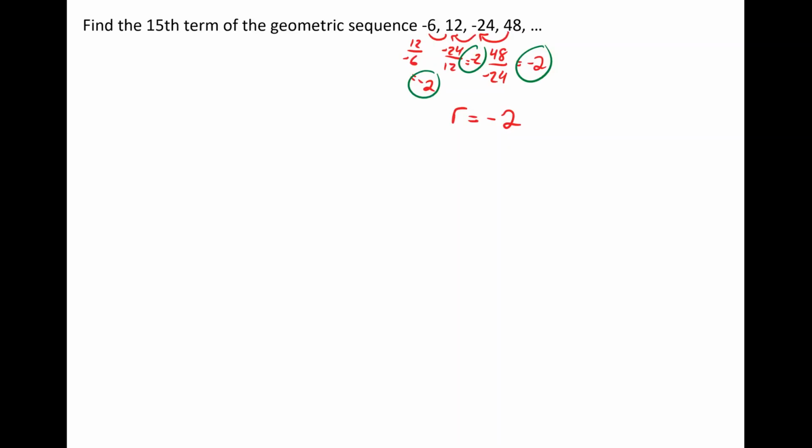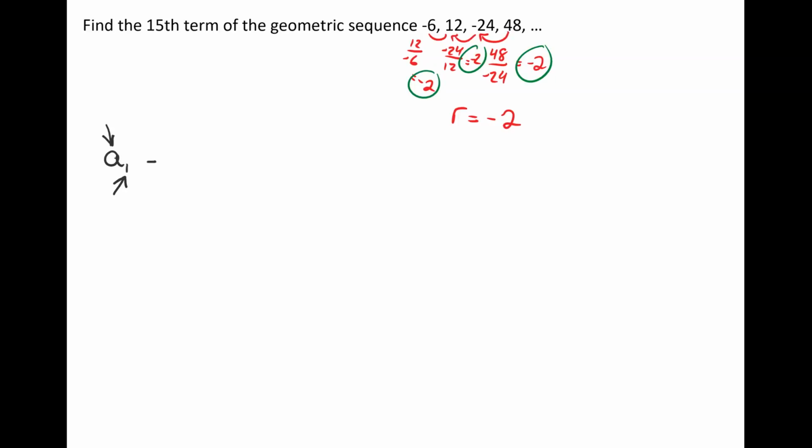Let's lay this out and see if we can't figure out the rule to find the 15th term, or to find any term in the sequence. Some notation here. We like to use this notation when we're dealing with sequences. I'm going to say a sub 1. That means I'm talking about a term in the sequence, so that's my a. And which term? The first term.